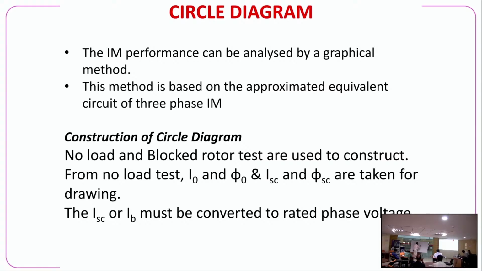This is the case when voltage is VSC, and I am writing V rated here, the rated voltage. At rated voltage, this much is the current. So what is the short circuit current?